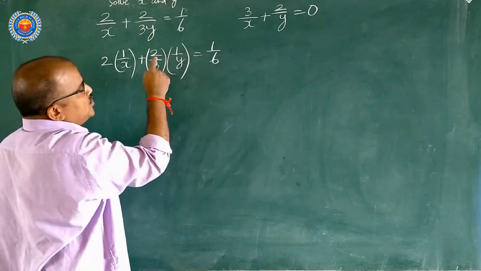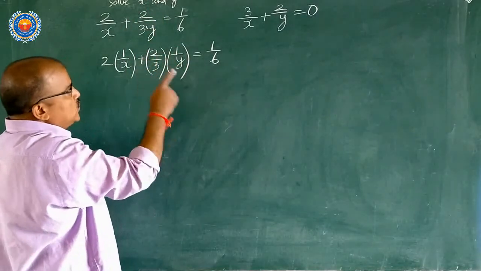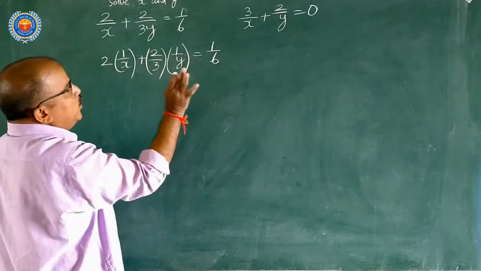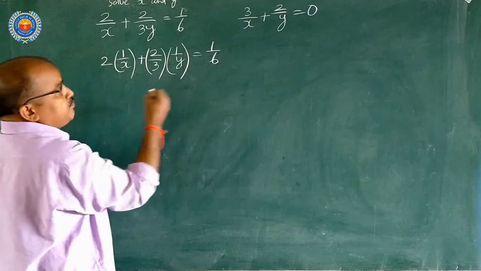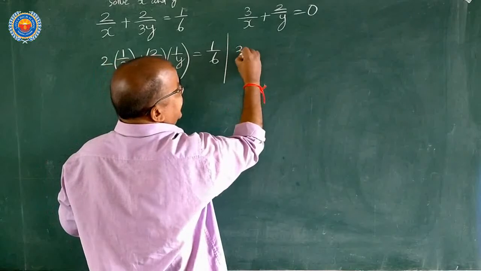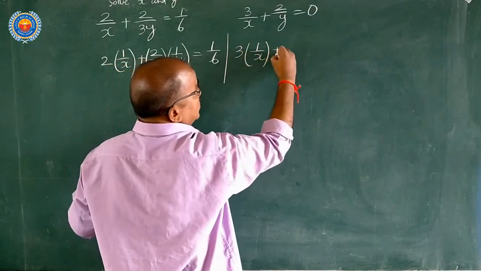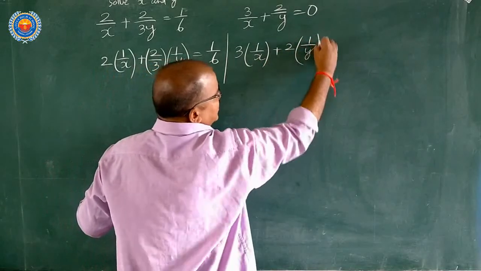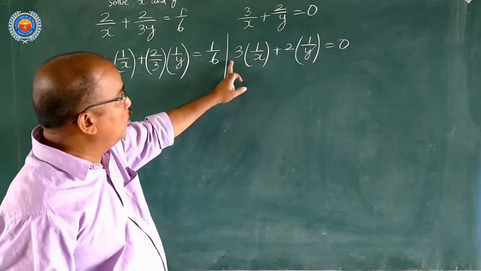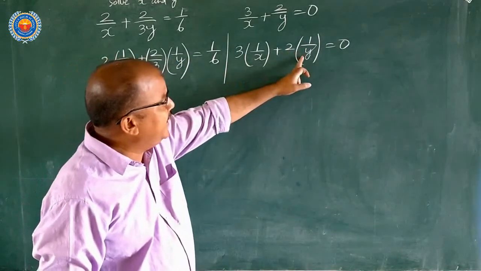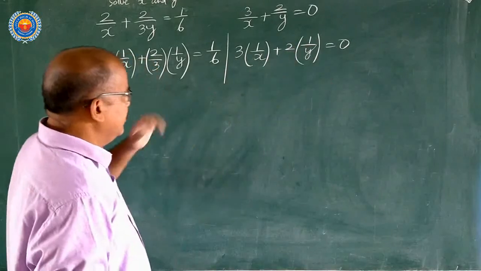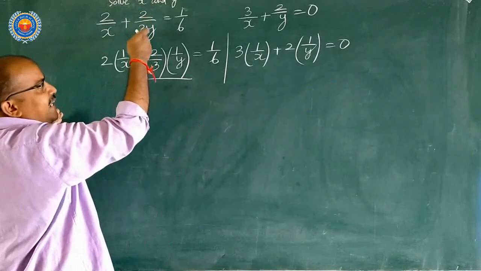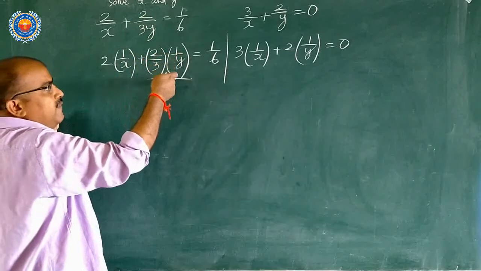Next, 3 into 1 by x, which is 3 by x, plus 2 into 1 by y, which is 2 by y, is equal to 0. This is an easy one. Only in this concept you may get confused. 2 by 3y is 2 by 3 into 1 by y. This is very, very important.